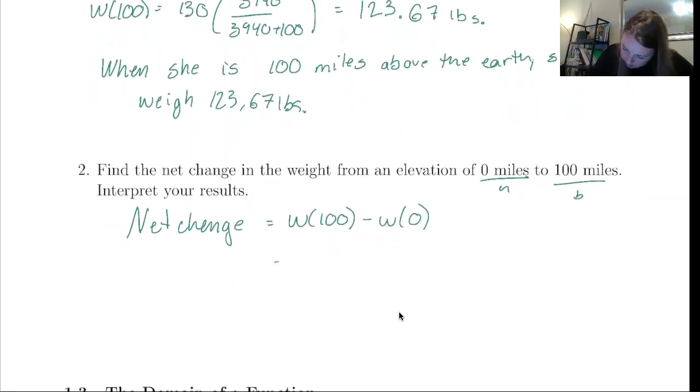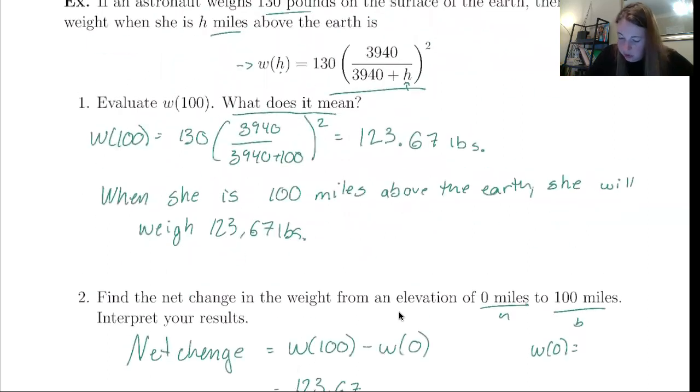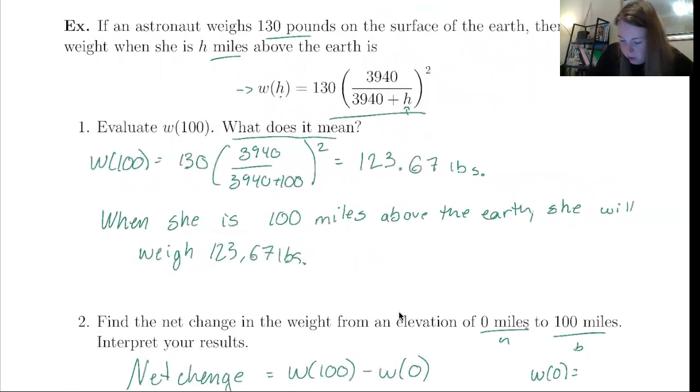I know W of 100 is 123.67, and W of 0 is actually 130, which you can figure out by plugging 0 into the equation, and also because we know she weighs 130 on the surface of the Earth. If you're on the surface of the Earth, you're not any miles above it. You're at 0 miles above the Earth.